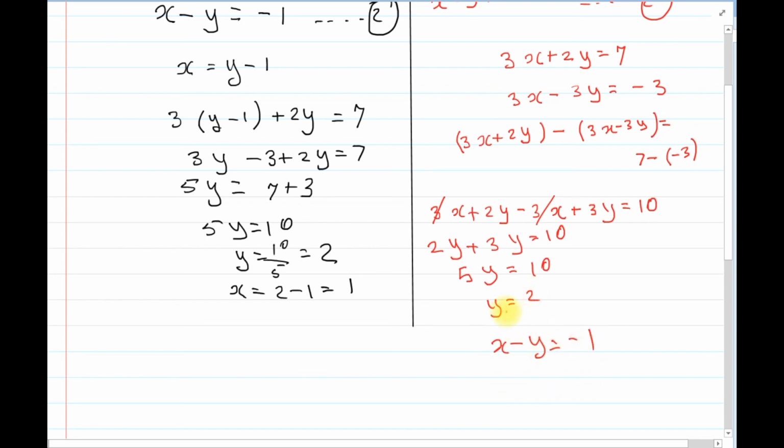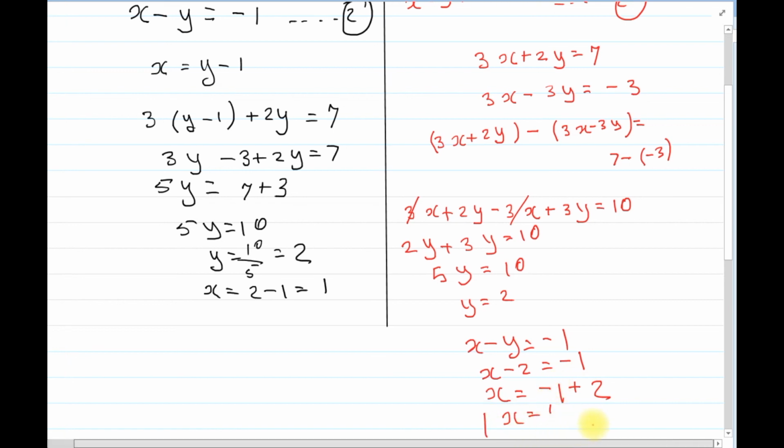I substitute y equal to 2, I'll get x minus 2 is equal to minus 1. I'll take minus 2 to the other side, becomes plus 2. So x becomes equal to 2 minus 1, which is 1. So our answers in both cases are x equals 1 and y equals 2.